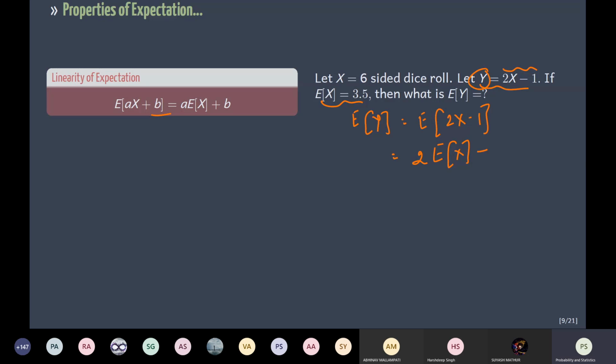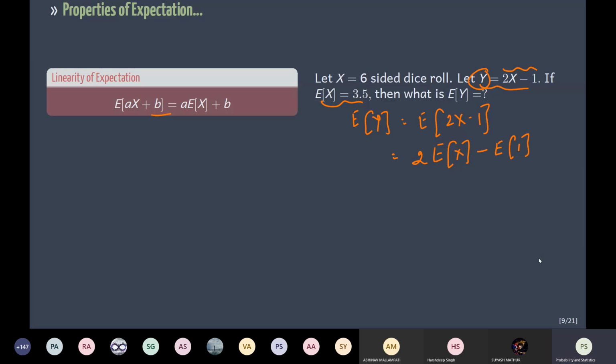So what is the expectation of a constant? That's very interesting. What do you think will be the expectation of a constant? Can you tell me in the chat?